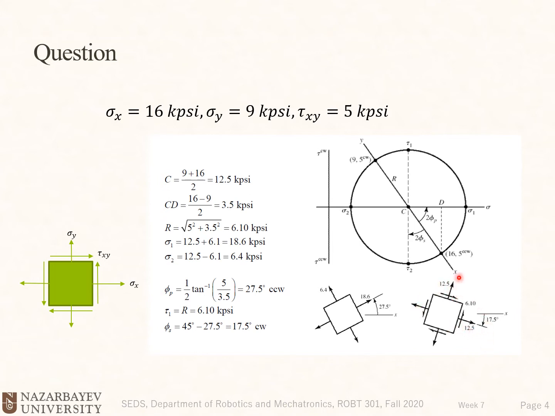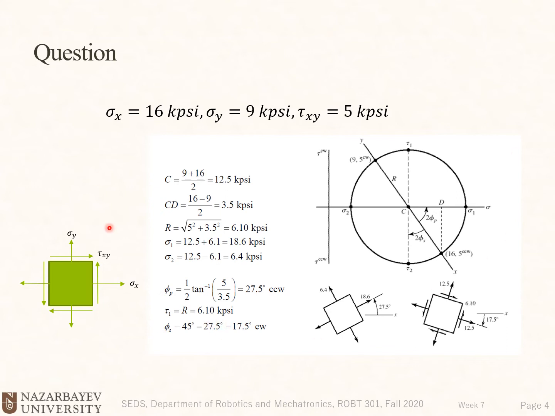On the y side, now the y point sits on this point. You see that the normal stress will be equal to C again, which is 12.5. And the shear stress is clockwise. It tends to rotate the stress element clockwise and will be equal to R or tau 1, which is 6.1.